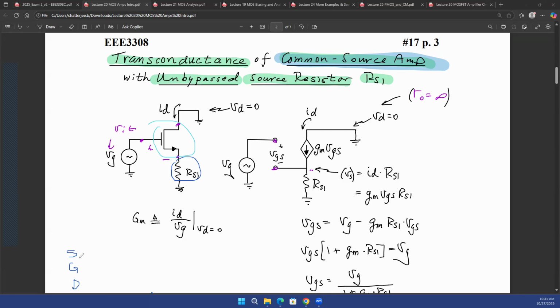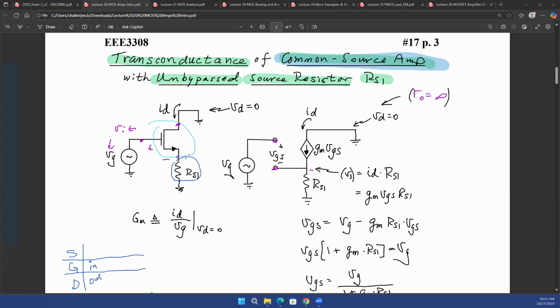Now you can have your input at any of these three terminals, and you can also have your output at any of these three terminals. The ones that are of interest to us is when you have your input at the gate and your output at the drain. So this is what we are looking at right now.